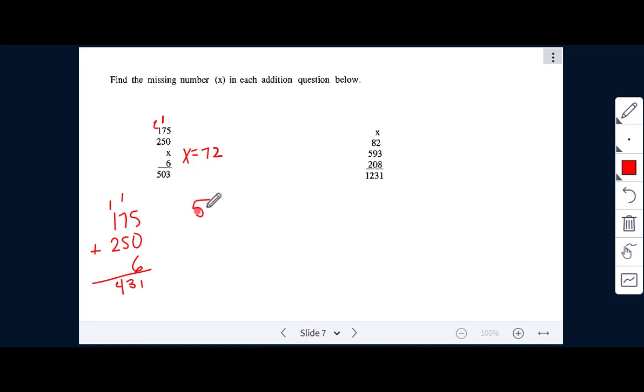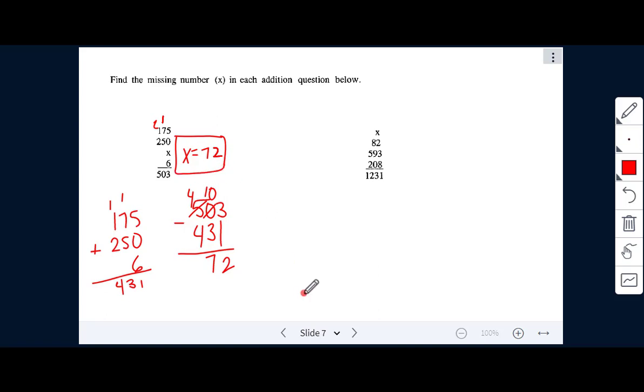So next we would take 503 minus 431 to get our answer. So 3 minus 1 is 2. This we need to borrow. That becomes a 10. We borrowed here. That becomes 4. So we get 72. All right, but x is equal to 72. So either way that you do it, you'll still get the same answer.